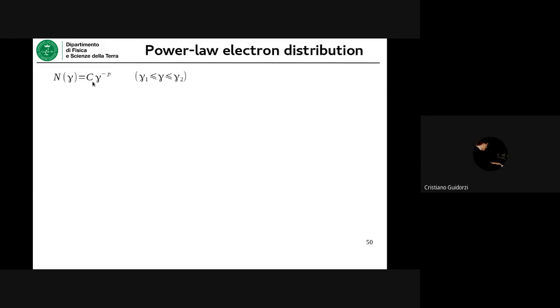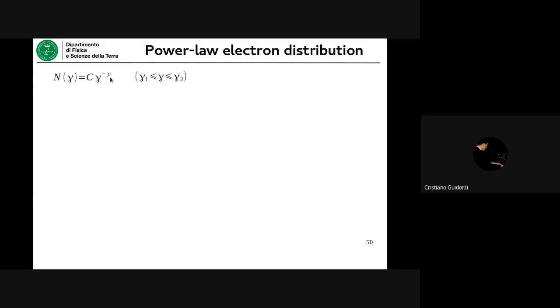This cannot hold for an infinitely large range of Lorentz factors, but it will be the case between two boundary values, gamma 1 and gamma 2. So within this range, you have a population of electrons whose Lorentz factor is described by this. How many of them is told to you by this function.